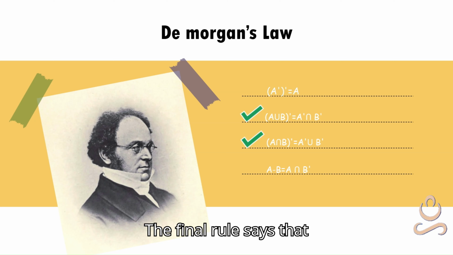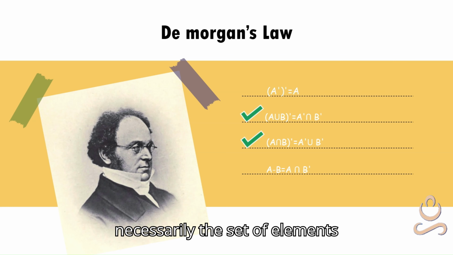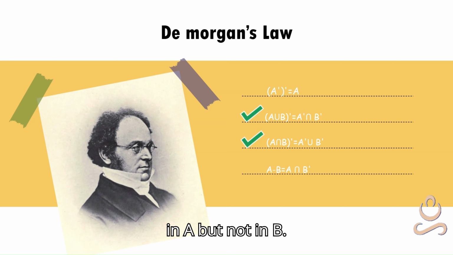The final rule states that the set of elements in A but not in B is necessarily the set of elements in A but not in B.